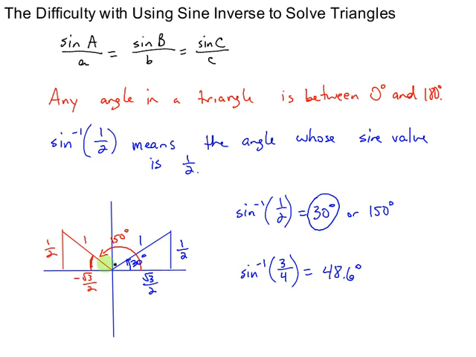You have to consider the angle in the second quadrant, which would be 180 minus the 48.6 degrees, the supplement of 48.6 degrees, which is 131.4 degrees. So it could be either one, but your calculator is only going to give you this guy. And you have to then investigate the obtuse possibility. So with sine inverse, you always have to consider the acute angle and its supplement, 180 minus that, right? 150 is 180 minus 30.